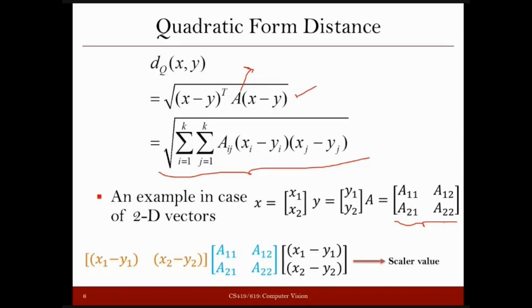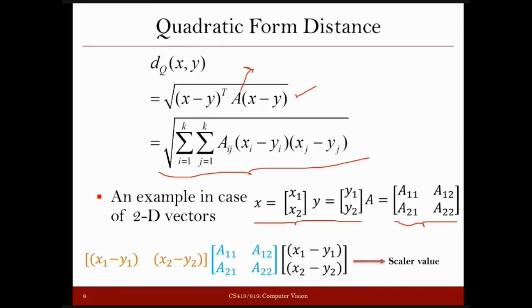Now, if you put all these values in the formula, you are going to get x1 minus y1, x2 minus y2, which are the differences you get when you subtract y from x.